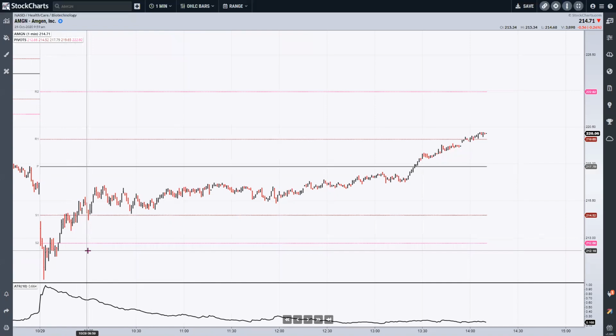So now we have to add 36 cents to that. So 216.09 is the number. Now we're looking for 216.09 to close for 3 consecutive minutes, because we're looking at it for a 30-minute opening range.